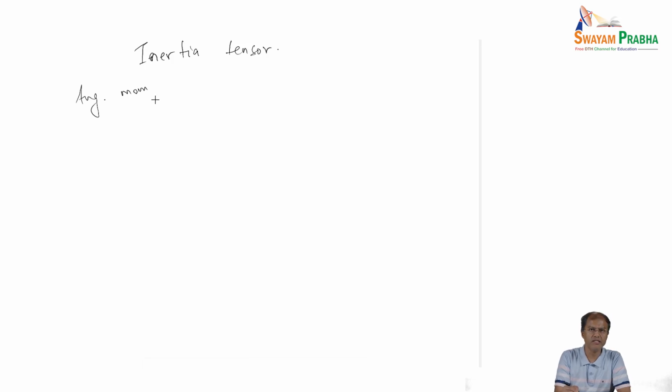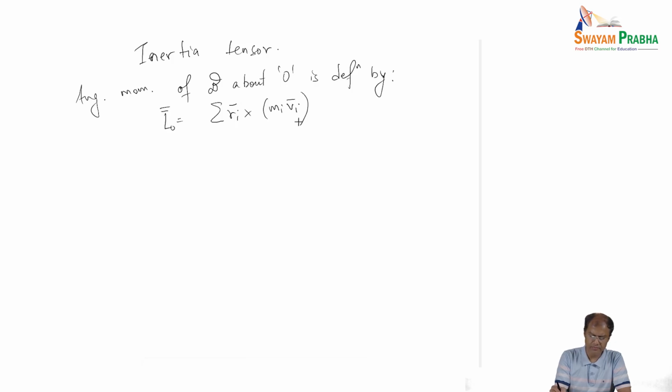The angular momentum of a rigid body about a fixed point O is defined by L naught equals the summation of Ri cross Mi Vi, so this is R cross Mv.